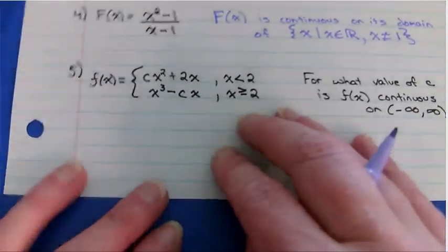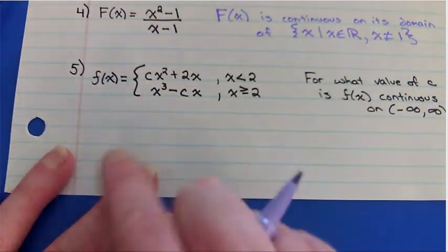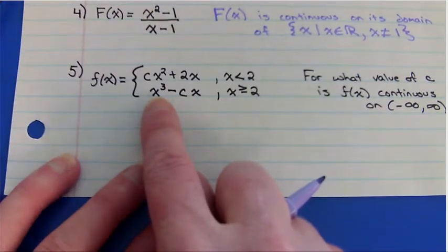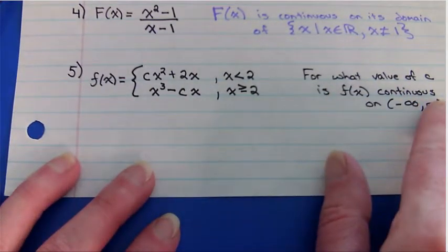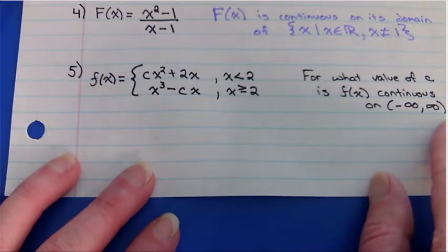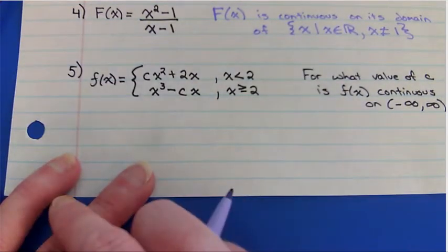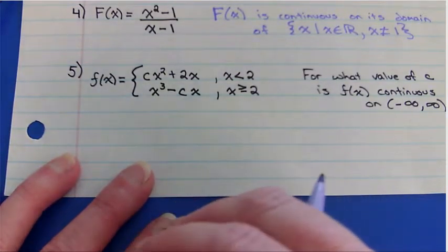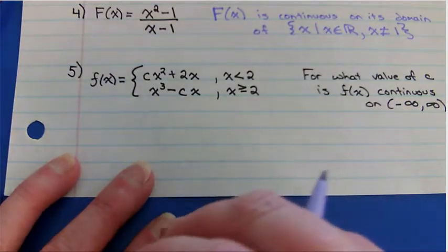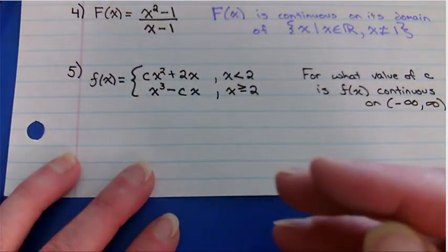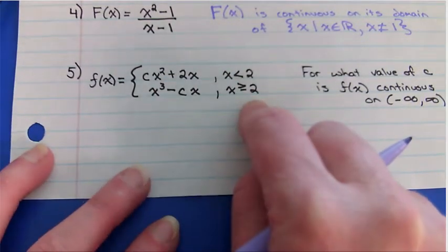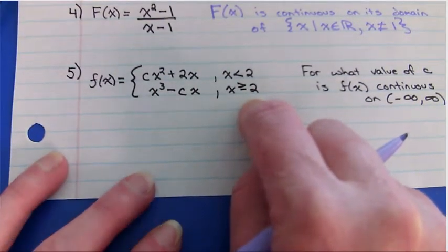Okay. On 5, we have an extra variable here. And the question states, for what value of c is f of x continuous from negative infinity to infinity? So what would have to be true for f of x to be continuous? Well, the left side would have to match where the right side's going. So if I plugged in 2 into the left side, it would have to match what happens when I plug in 2 on the right side.